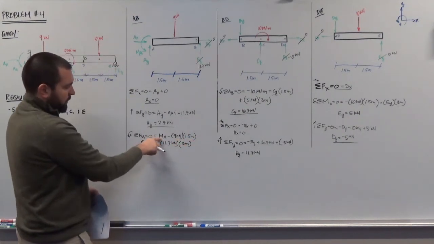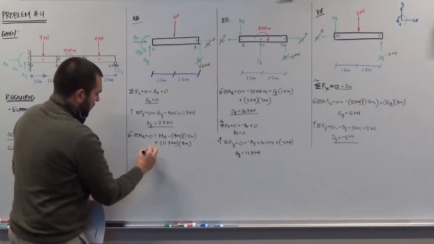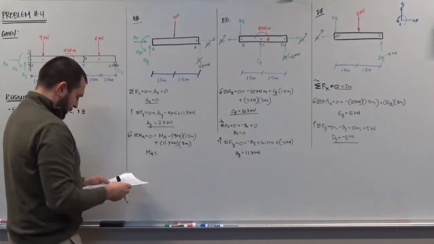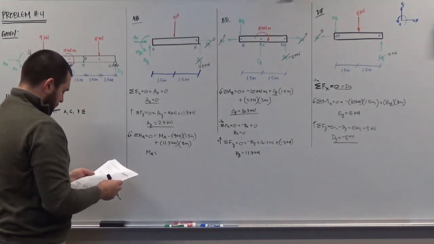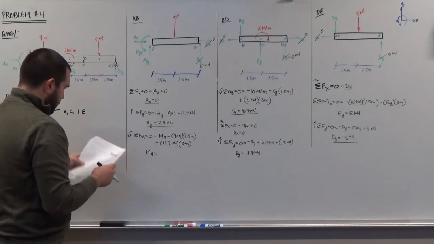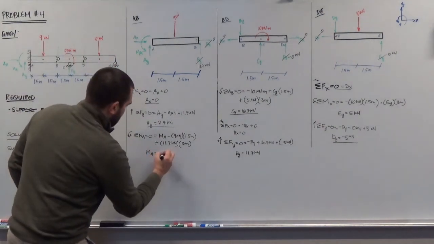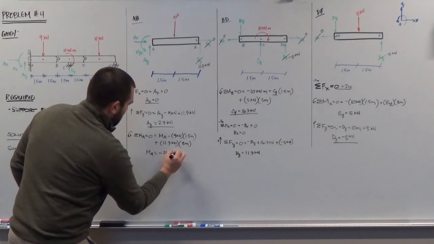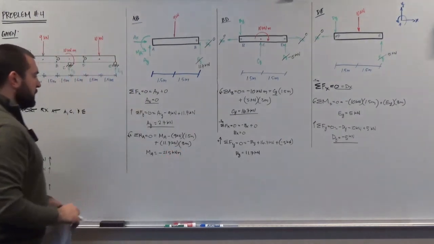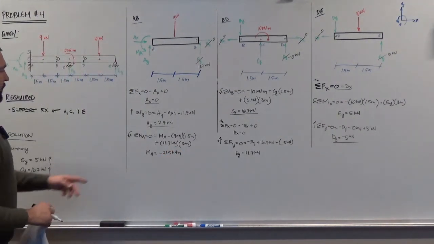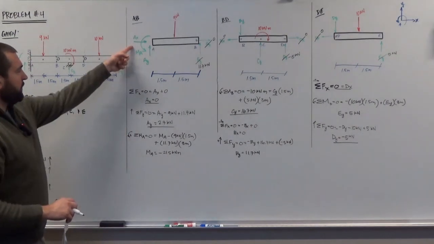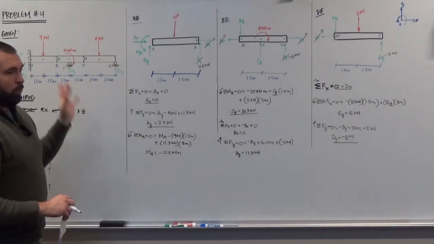One unknown, just the moment reaction at A, and I get the moment reaction at A is equal to negative 21.5 kilonewton meters. That just means that I guessed the wrong direction of MA, which is totally fine.